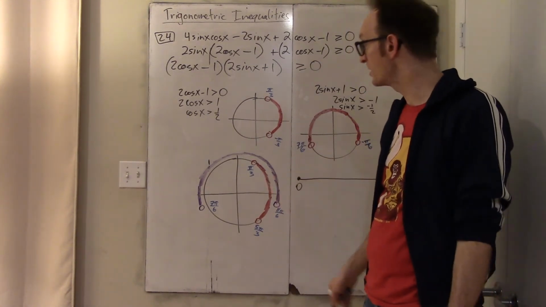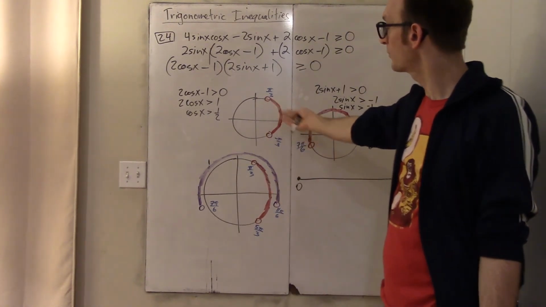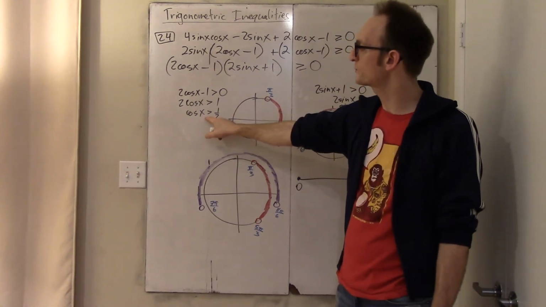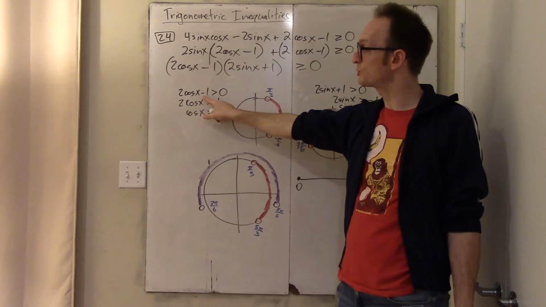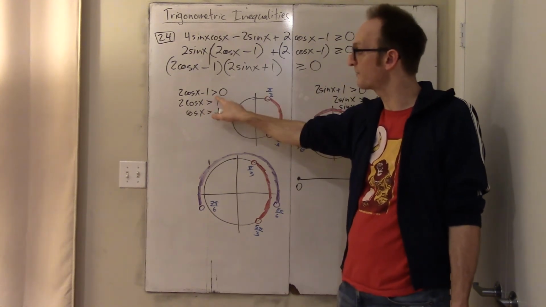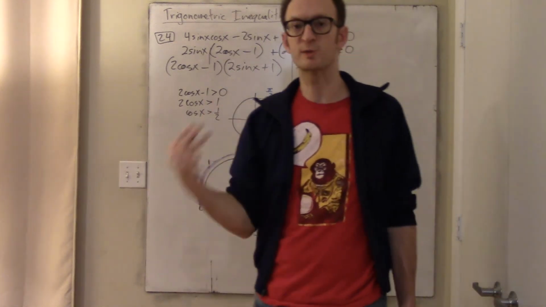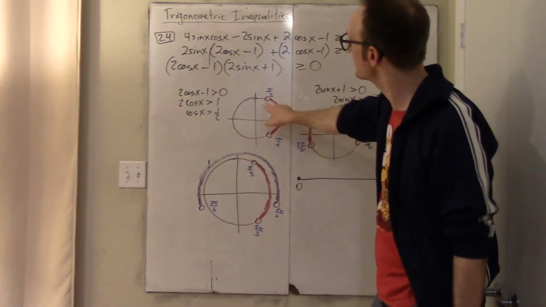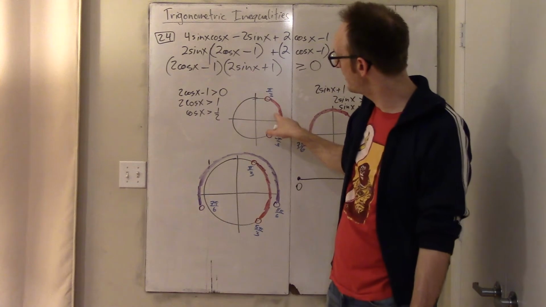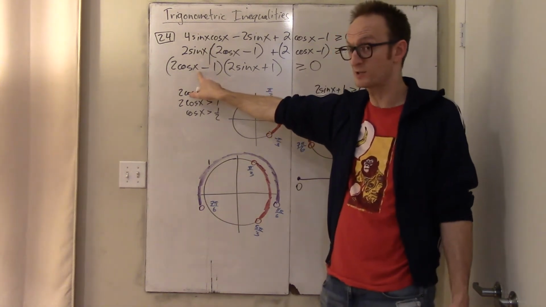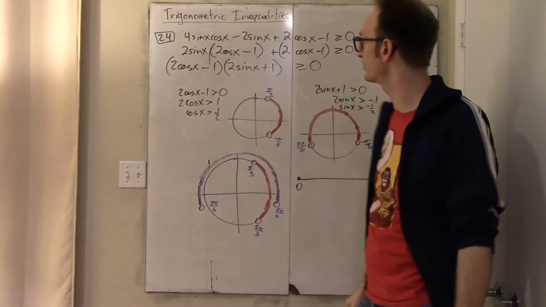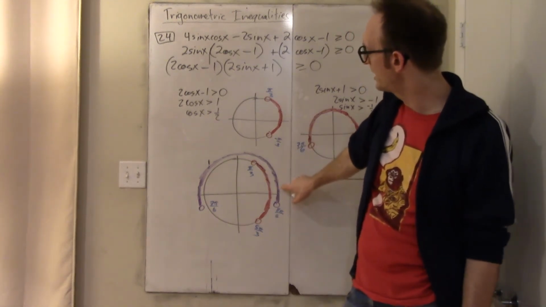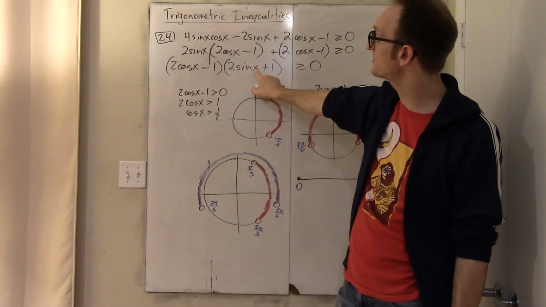When did I shade? Recall, I shaded the solution to when is cosine x greater than a half, which was also the solution to when 2 cosine x minus 1 was positive. In other words, I decided as a matter of convention that I'd shade when the thing is positive. So shading indicates that this factor is positive for that input. And this shade over here, which got converted into purple, indicates that this factor is positive.